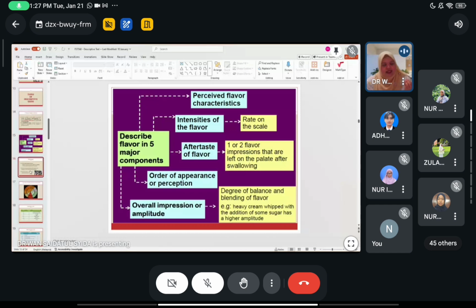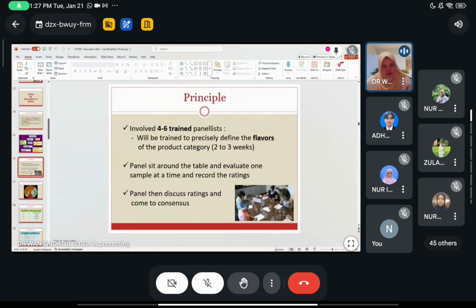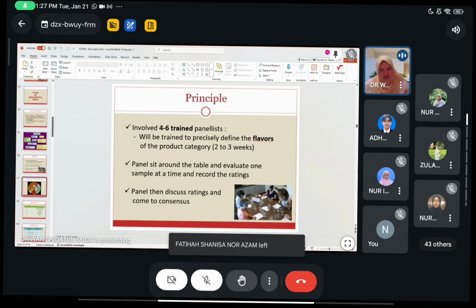So in the descriptive analysis, you write down the three methods: FPA, texture profile, and also the QDA. Write down what actually the components of each method are, and then the principle. Of course, the principle. Then look at the example that I have given in the slide.